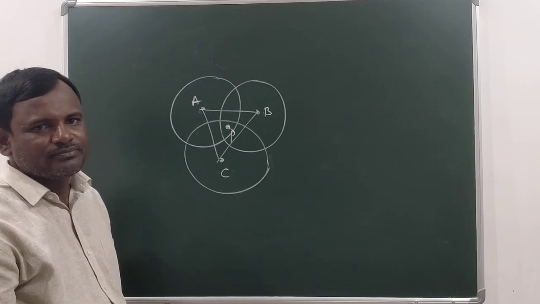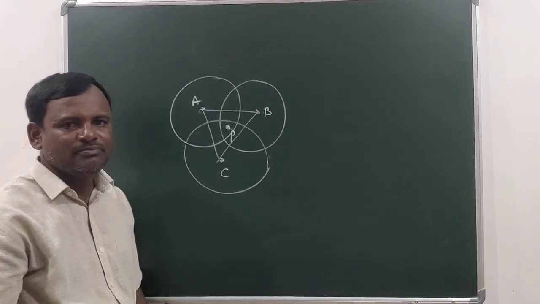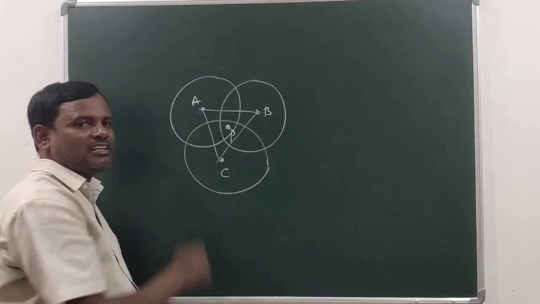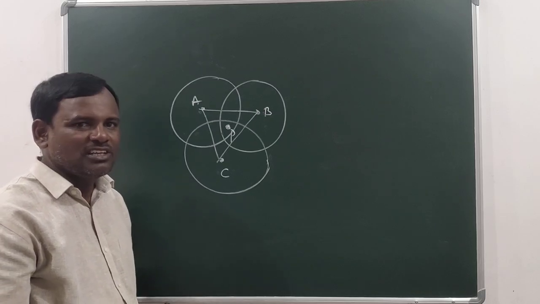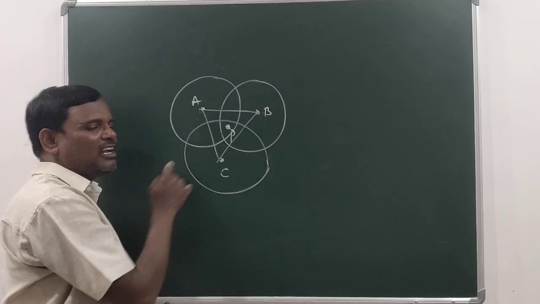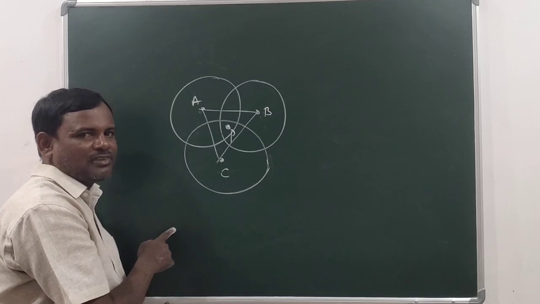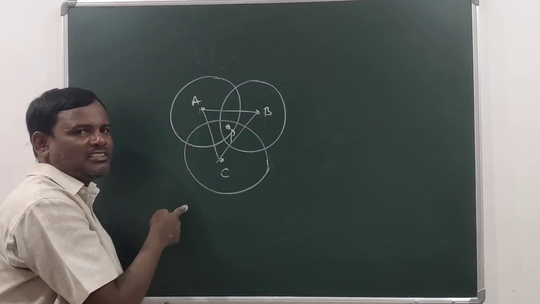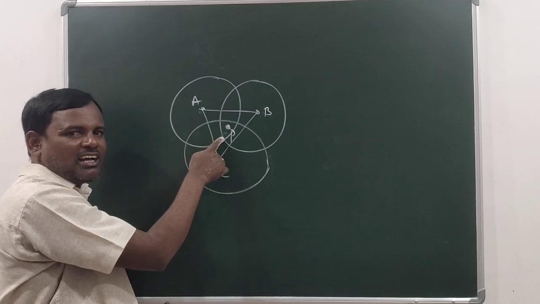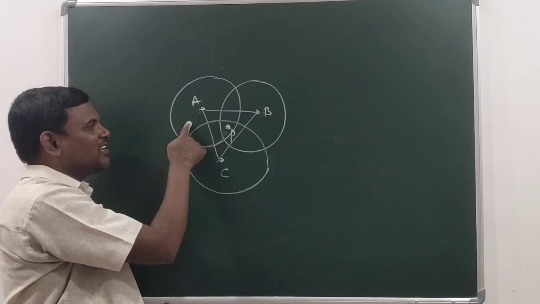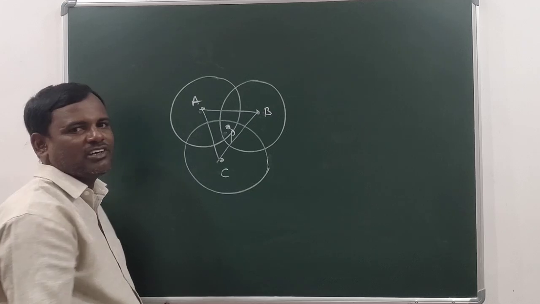same like the previous one. What kind of circles are these? Orthogonal circles. For these orthogonal circles, A, B, C are the centers, and I have connected those centers. I got a triangle ABC whose orthocenter is the radical center of these three circles, same like the previous one.